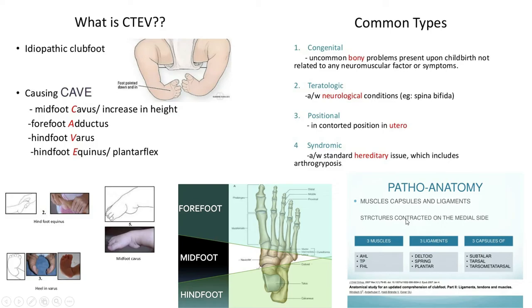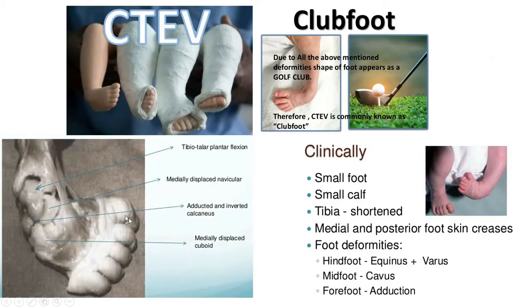Now, regarding the pathoanatomy of the CTEV, it has been proposed that after multiple dissections in clubfoot patients who are stillborn, we come to know the main culprit bone is talus.